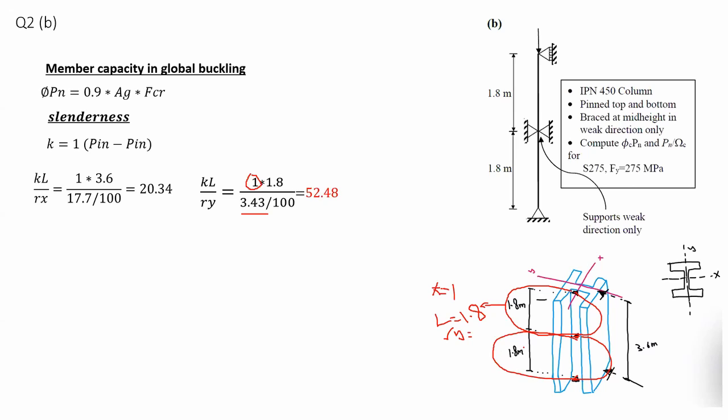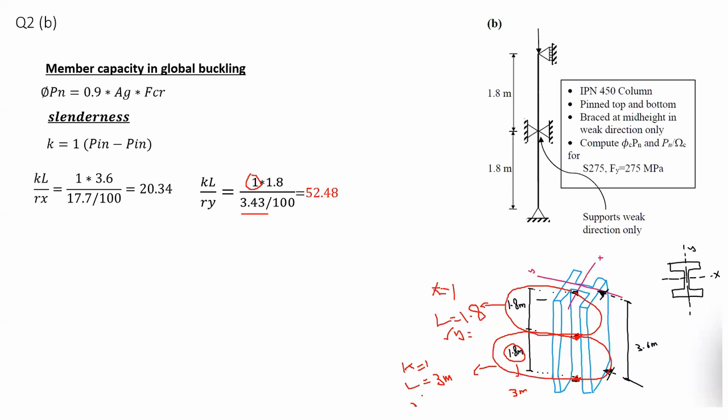Now, let's say that this part was not 1.8 meters, it was, for example, 3 meters. Again, you have a pin support at the top and a pin support at the bottom, so K is equal to 1. The length would be 3 meters if it was a different length.